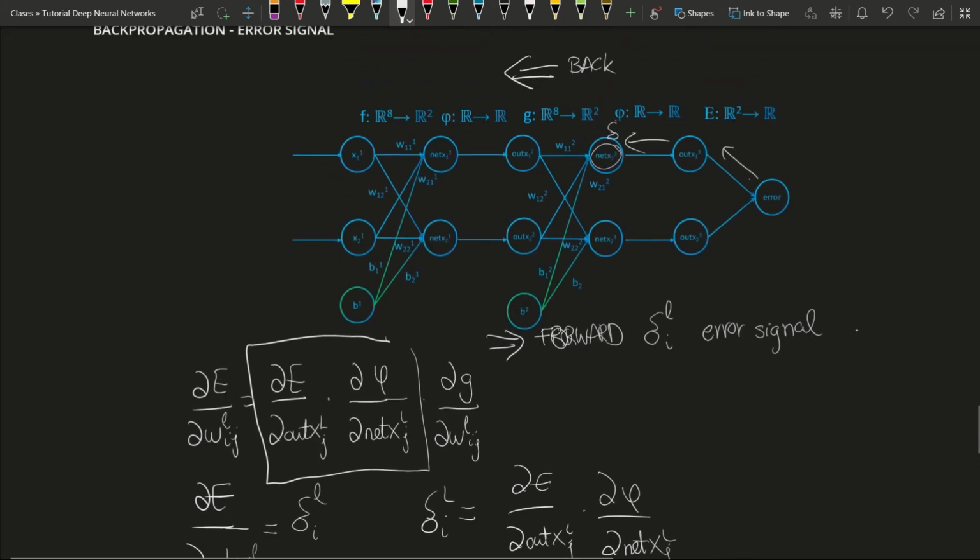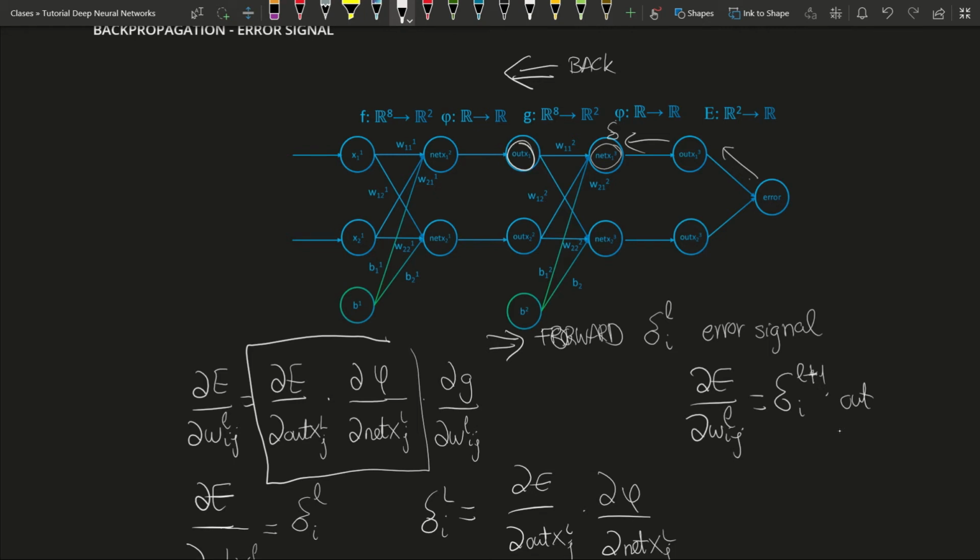So now if we use this new notation, we can simplify how we calculate the derivative of the weight, and it will be the error signal in position i, layer L, multiplied by the out value of the previous layer, here we put L minus 1.